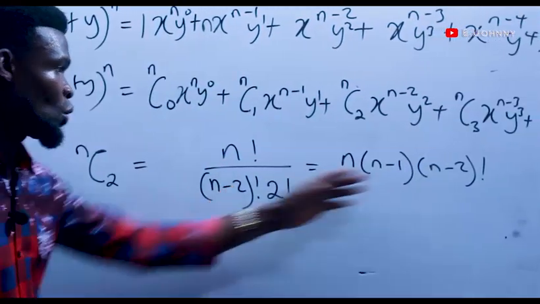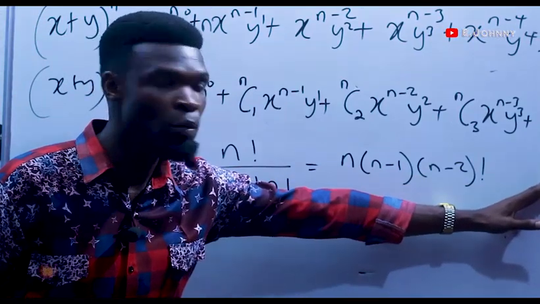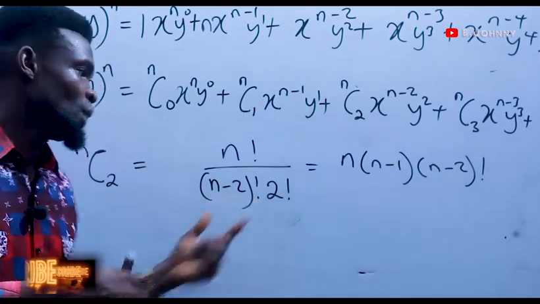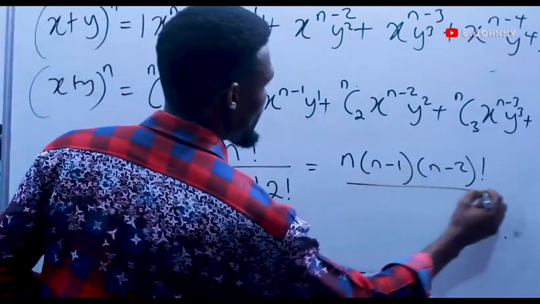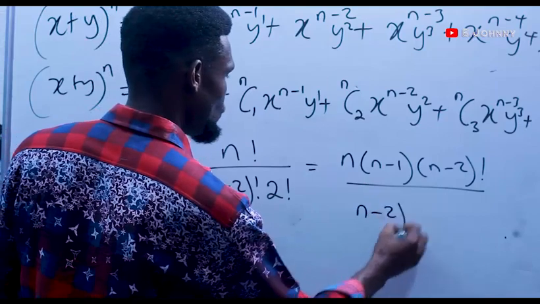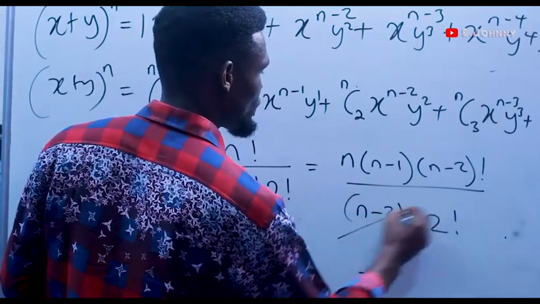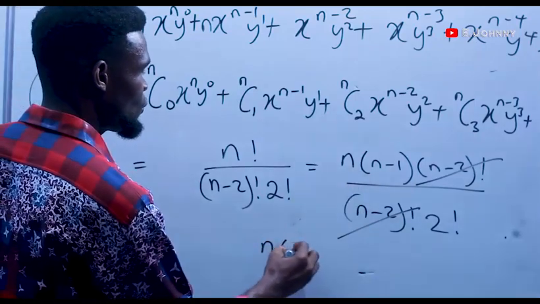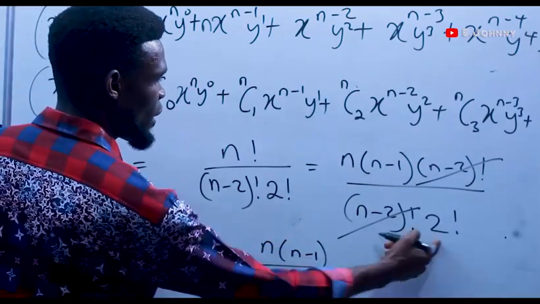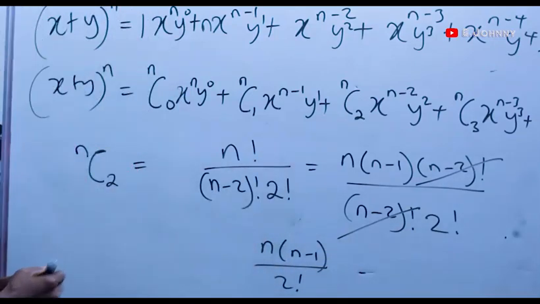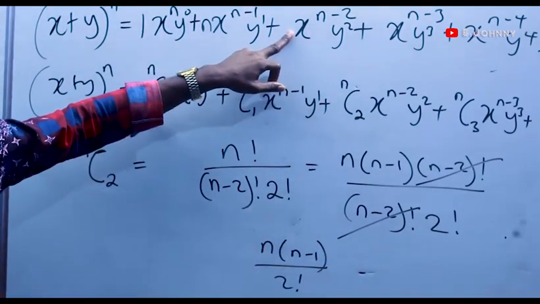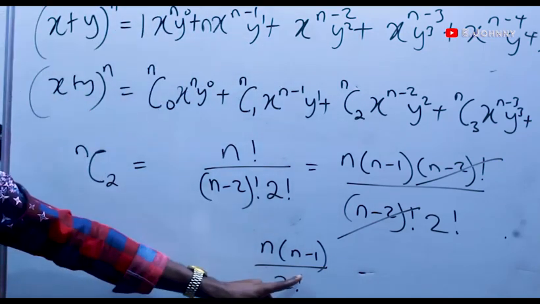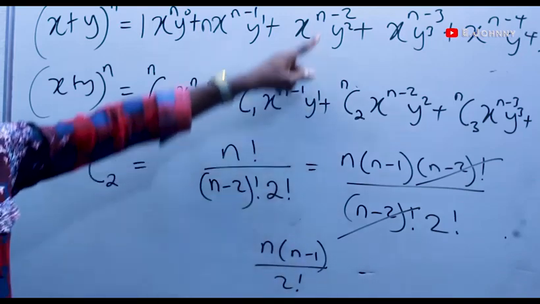I could have continued, but I'm stopping here because I have n minus 2 factorial at the denominator, all over n minus 2 factorial, 2 factorial. So this and this will go. I'll be left with n into n minus 1 all over 2 factorial, which is what I'm going to drop here. If you remember the long formula in the previous video, you saw something like this for the third term.